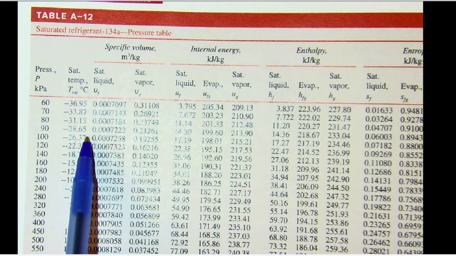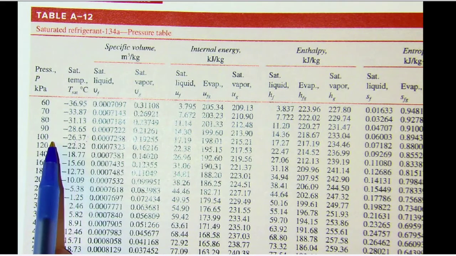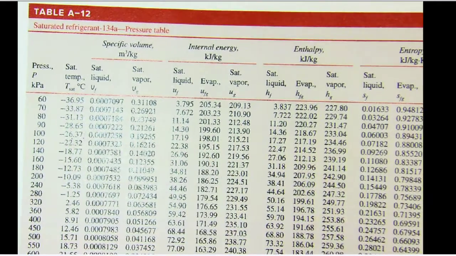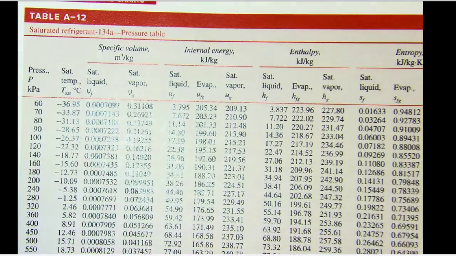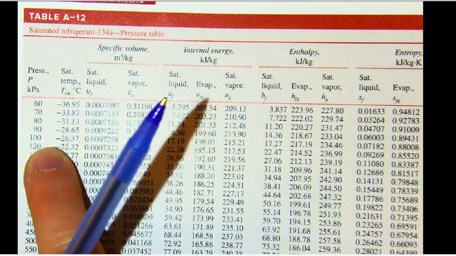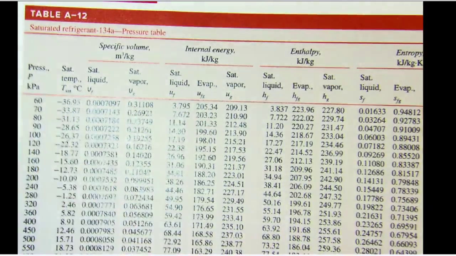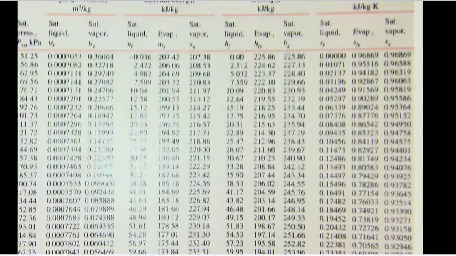So for refrigerant 134A, I know these numbers are small and you think, oh, negative temperature, that's cold, right? But for refrigerant 134A, 0 degrees C at 100 kPa is a superheated vapor. I always think it's more intuitive looking up the pressure and seeing the temperature. But you can see the same thing here.